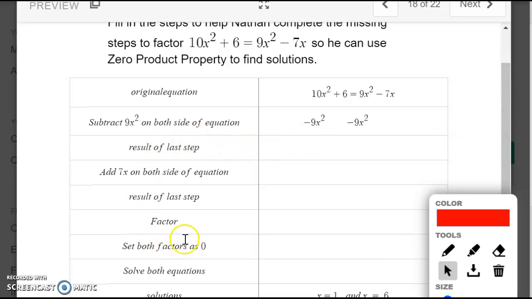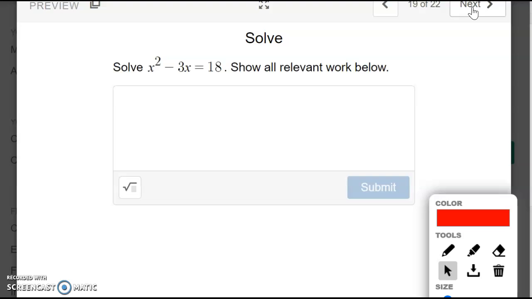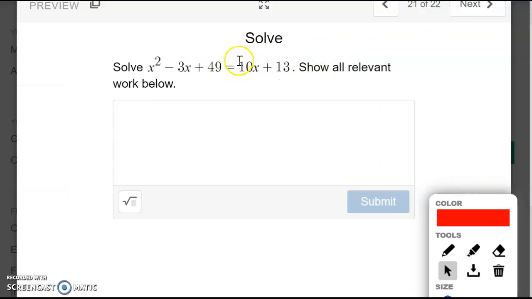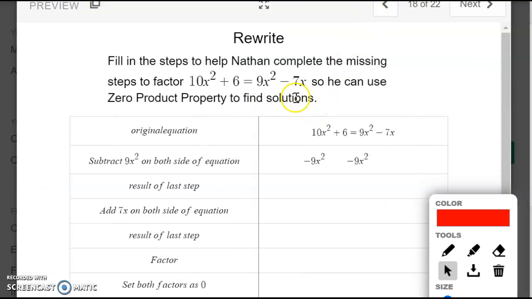It gives you all the descriptions, and then finally factoring, and then setting both factors to be 0, and then solving both equations and finding the solution. So 18, 19, 20, and 21. Okay, so it's basically following all the steps of the previous problems, just setting it to 0.